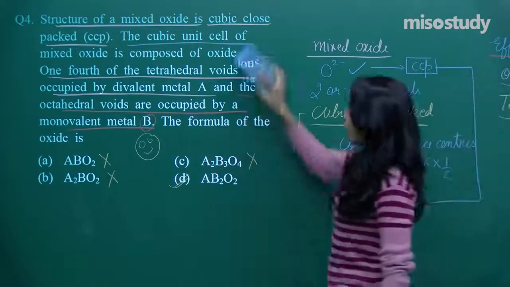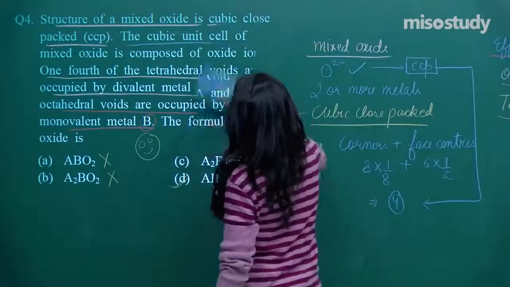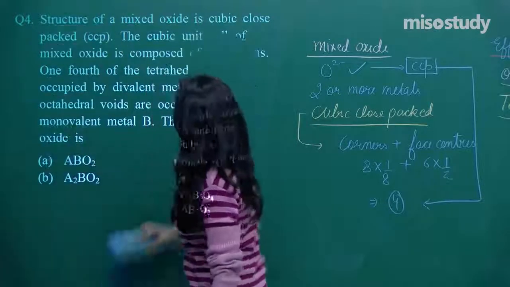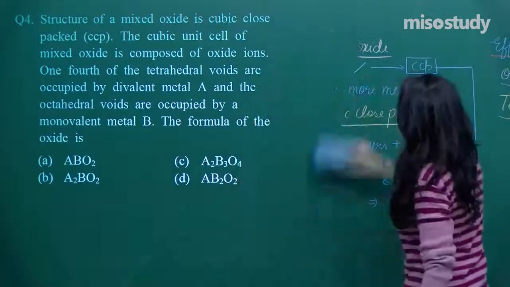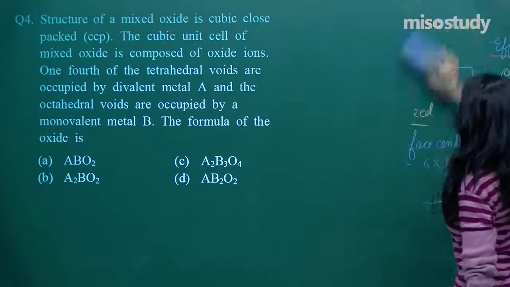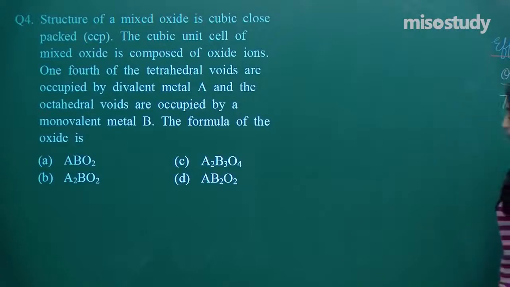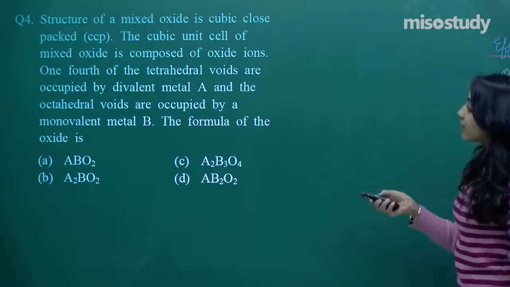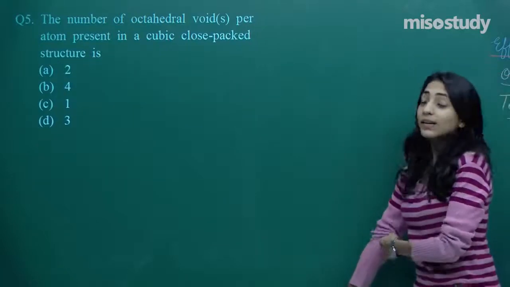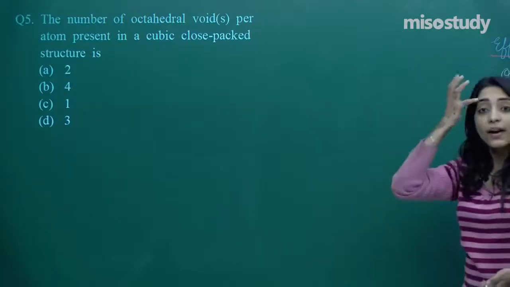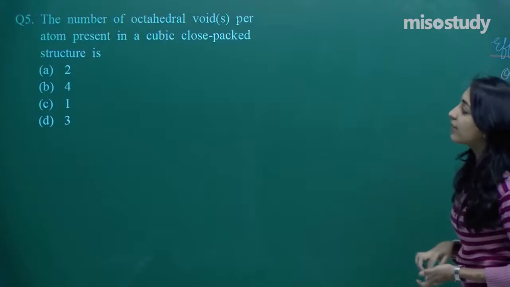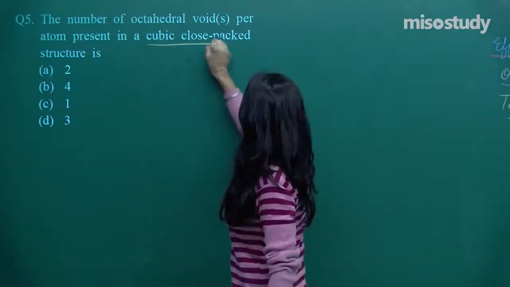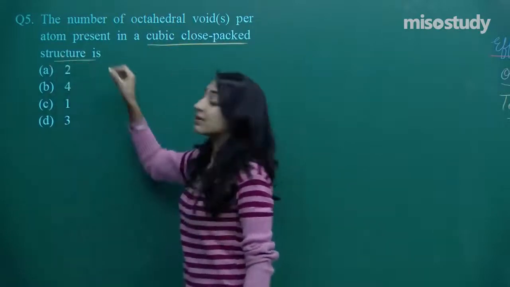Let me move on to question number 5th now. So preparing the board for you people. And the question number 5th that we have is the number of octahedral voids which are present per atom in a cubic close packed structure is.